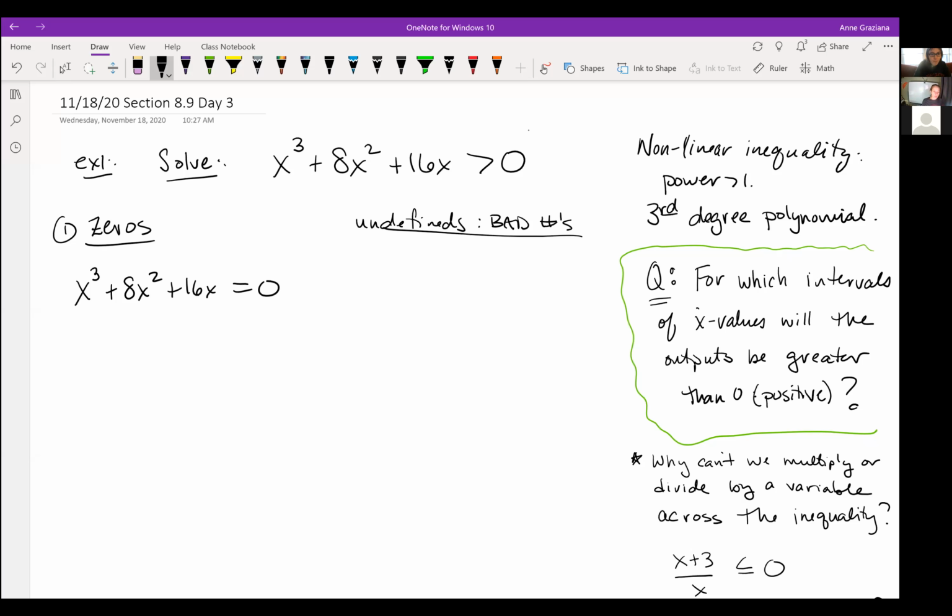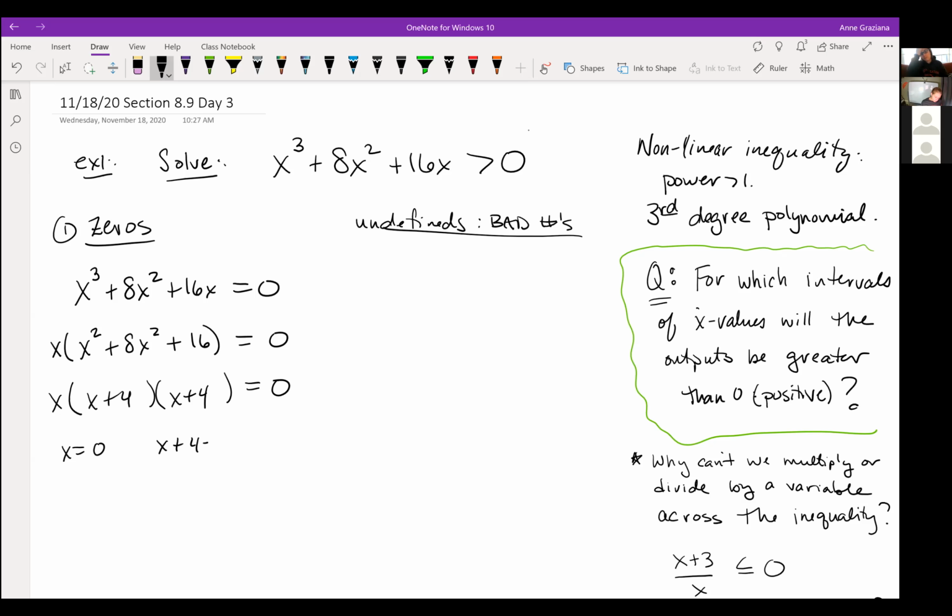We're going to solve this like we already know how. Factor out the x. And then I have x squared plus 8x plus 16 is equal to 0. And that's x times what? How do we factor this? X plus 4. Yeah, very good. So x is equal to 0, or x plus 4 is equal to 0. We don't need to write it twice.